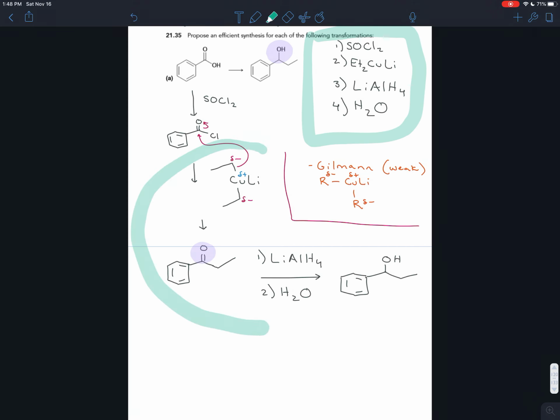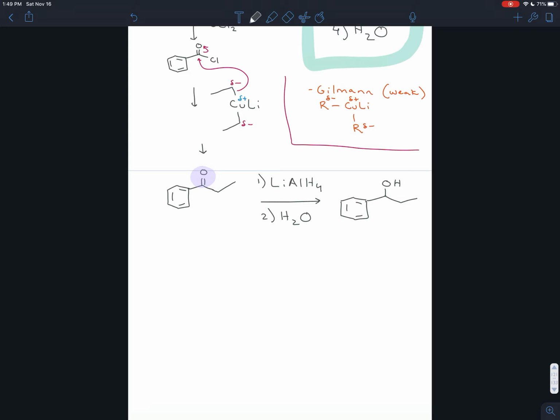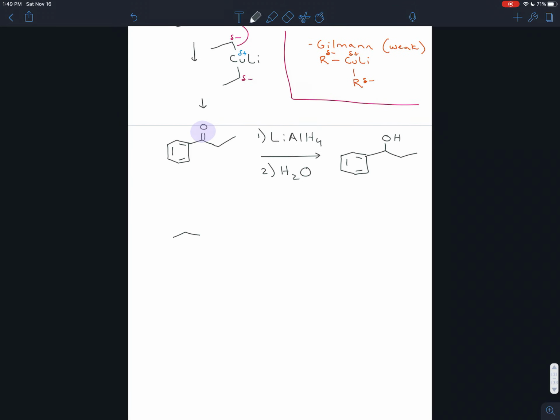Now, if you notice, you can think about these 2 steps using a carbon nucleophile and a hydrogen nucleophile, and you didn't necessarily have to do them in that order. You could have added a hydrogen nucleophile first. So imagine you have the carboxylic acid.